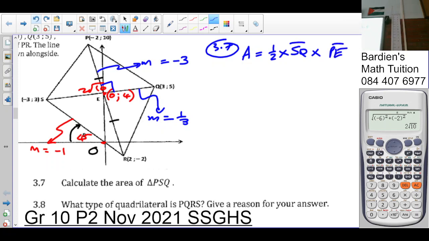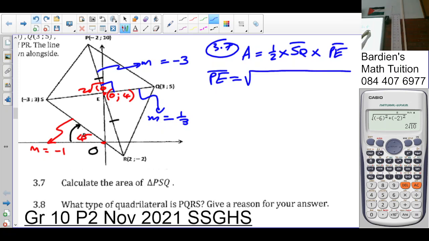Can you see that? We have worked out the length of SQ already. Not so? The length of SQ is 2 root 10. So which length do we still need? PE.